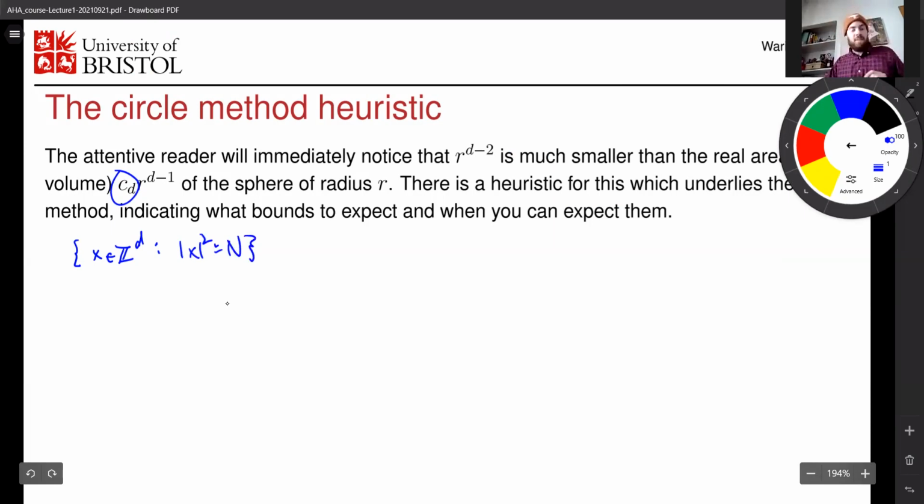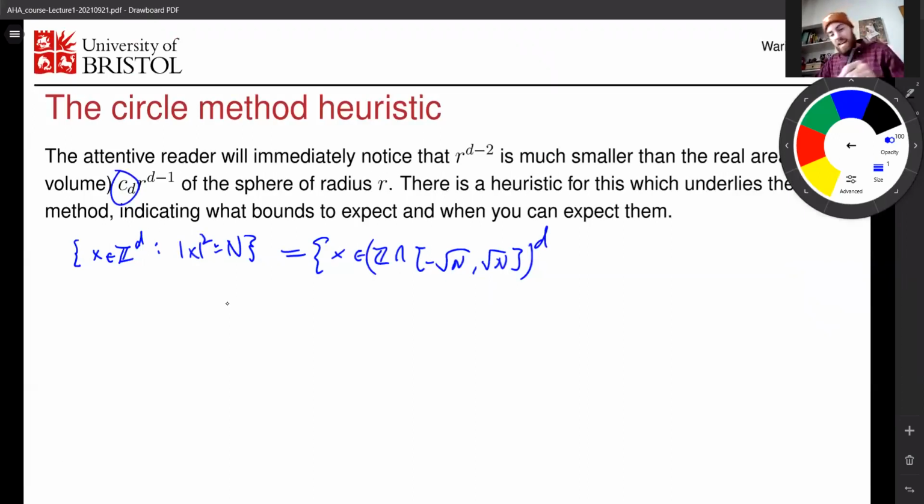I can rewrite this as all the x that are integers, but because the sum of squares is positive, each coordinate lies in the range of minus square root of n to square root of n. And again, I need that the square of the norm is equal to n.